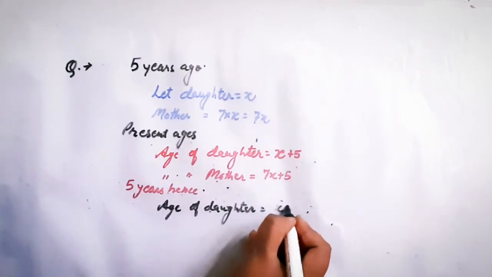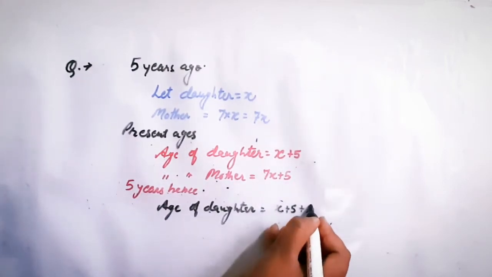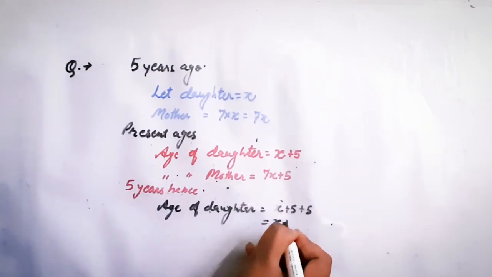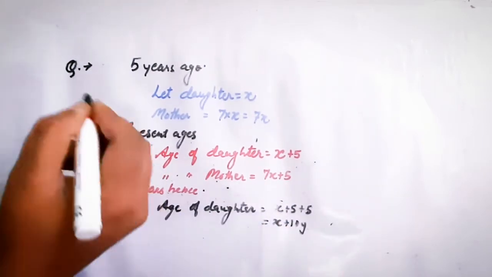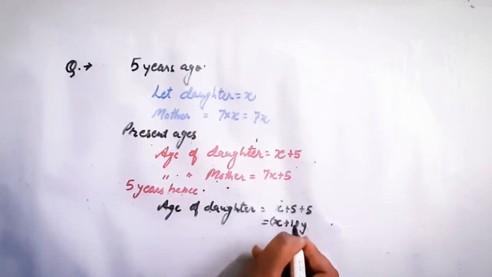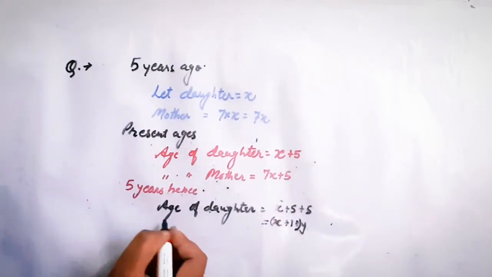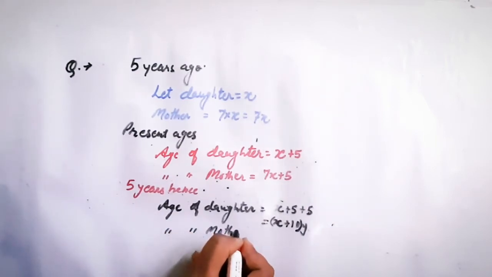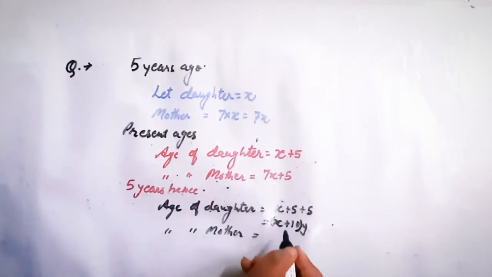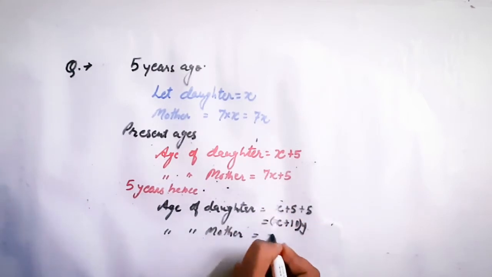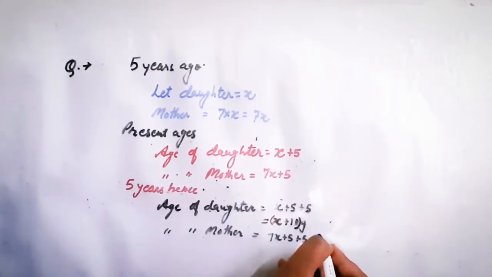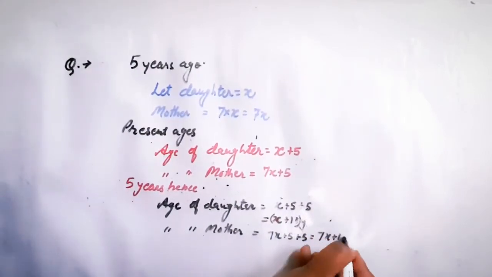It will be x plus 5 plus 1 more 5, which is x plus 10 years. And what will be mother? Age of mother will be 7x plus 5 was the present age, and 5 years later she will be 7x plus 10.